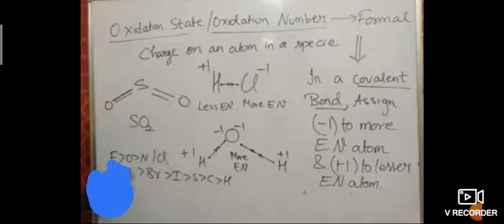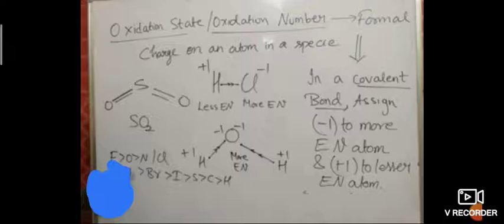So sulfur turns to +2 for one oxygen and another +2 for the other oxygen, and each oxygen turns to -2. So together the sulfur atom has +4 charge, oxygen has -2 charge. So this is the oxidation state.